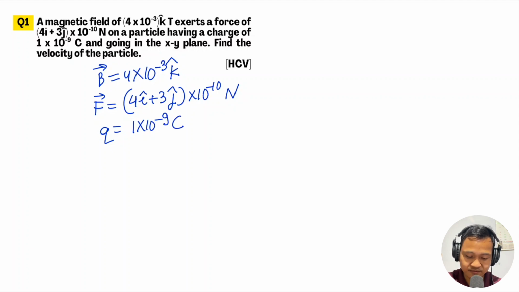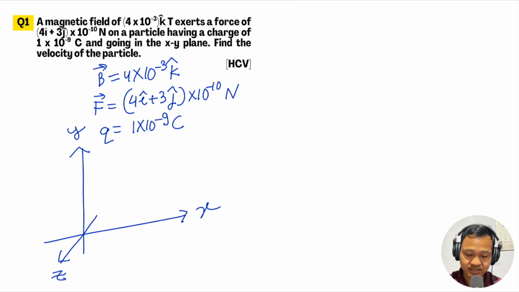Find the velocity. This is x, this is y, this is z, and the magnetic field is along k cap. So this is B.